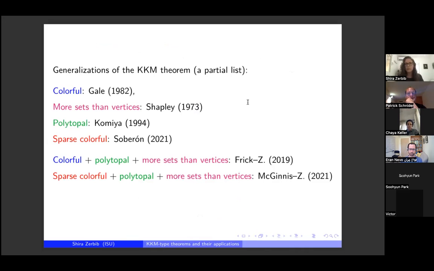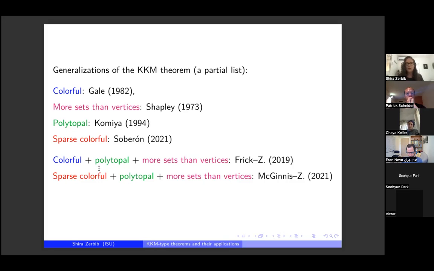There was a colorful KKM theorem of Gale in 82. We have a theorem of Shapley where there are more sets than vertices covering the simplex. We have a polytopic version of Shapley's theorem from 94. We have a sparse colorful, whatever that means, theorem of Soberón that generalizes Gale's colorful KKM from 21.